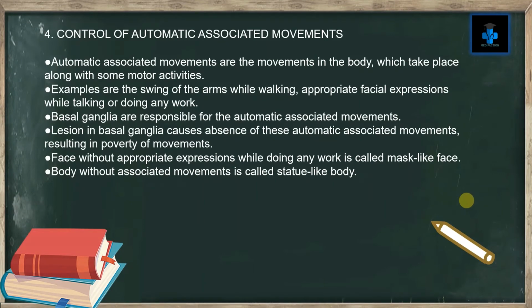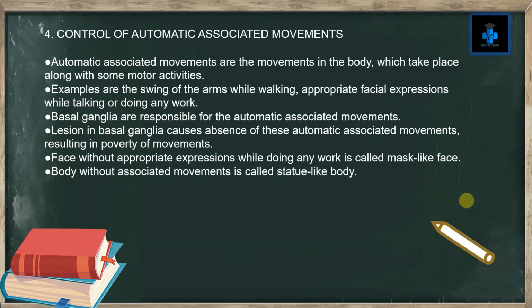Control of automatic associated movements. Automatic associated movements are the movements in the body which take place along with some motor activities. Examples are the swing of the arms while walking, appropriate facial expressions while talking, or doing any work.